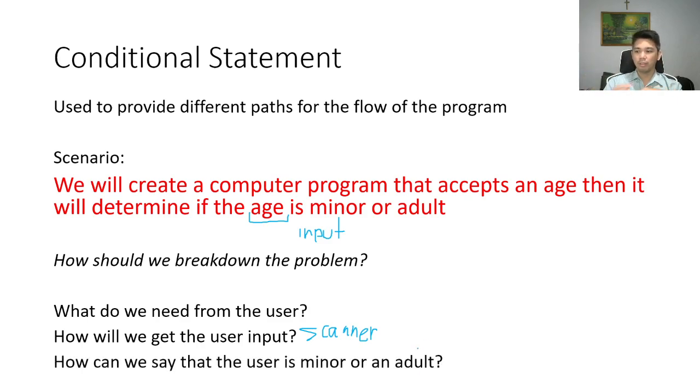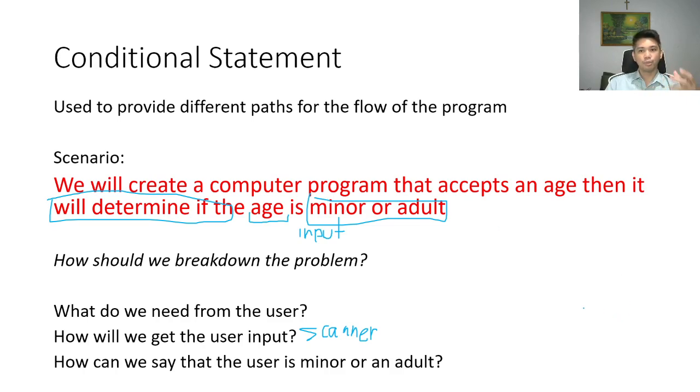Next, how will we say that the user is a minor or an adult? We are now talking about our output here. The computer program must accept an age, then it must determine if it is a minor or an adult. So our output here is displaying if the user is a minor or an adult.